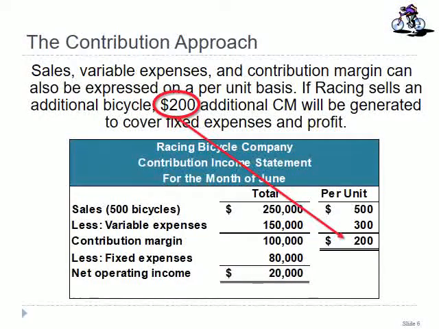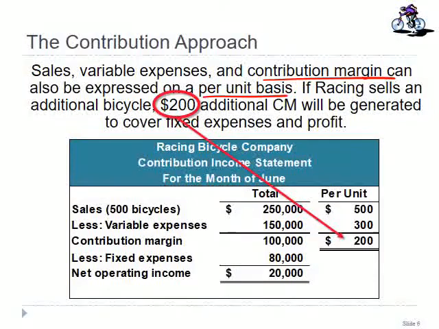So here, the contribution approach. We are formally beginning our analysis. We can also convert our contribution margin income statement into a per unit basis as well. So here, sales, variable expense and contribution margin can also be expressed on a per unit basis.